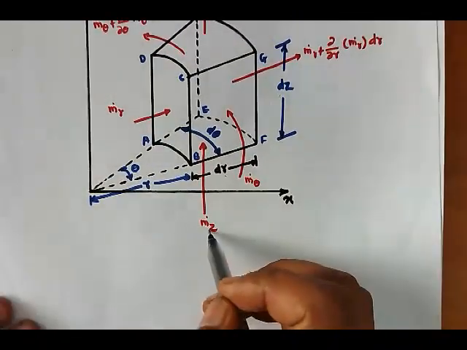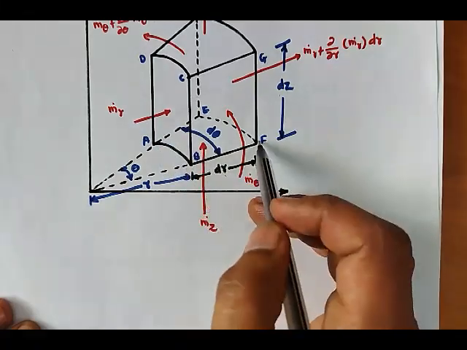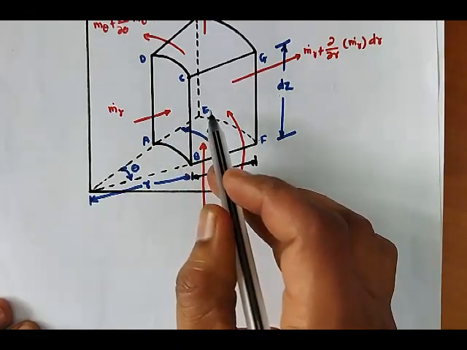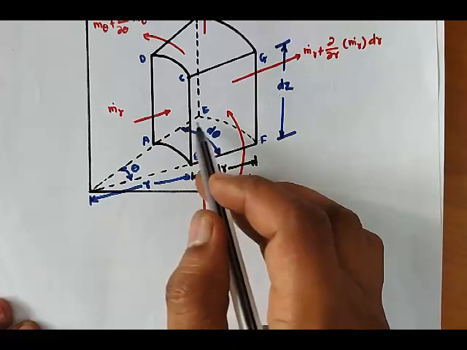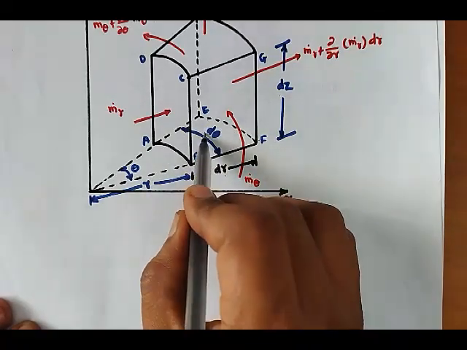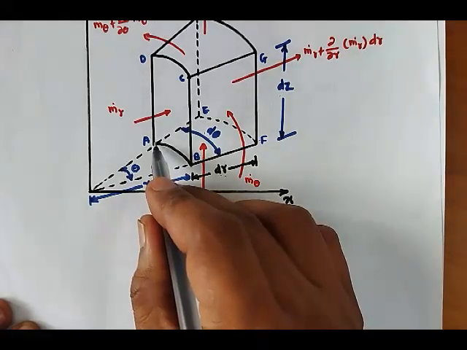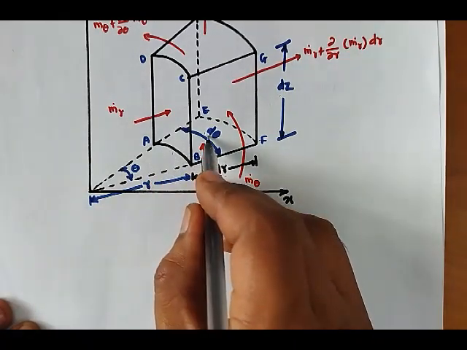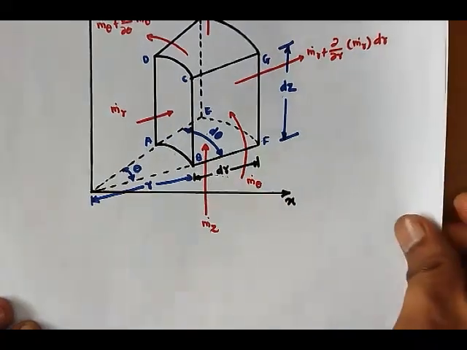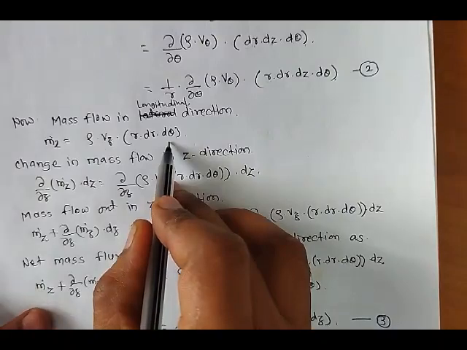So here m dot z is passing through this face ABFE, and the area of this face is r multiplied with d theta multiplied with dr. So again r dr d theta.